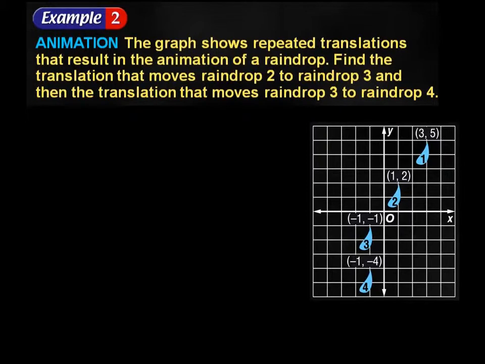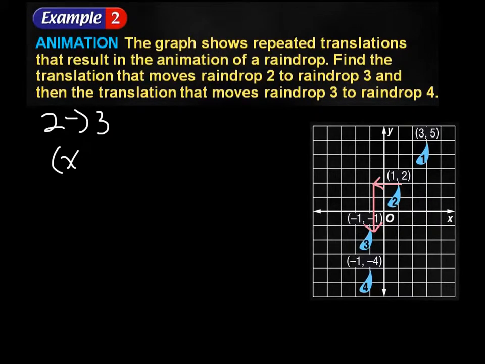The graph shows the repeated translations that result in the animation of a raindrop. Find the translation that moves raindrop 2 to raindrop 3, and then the translation that moves raindrop 3 to raindrop 4. Well, from 2 to 3, I'm moving 2 units to the left, and it looks like 3 units down.